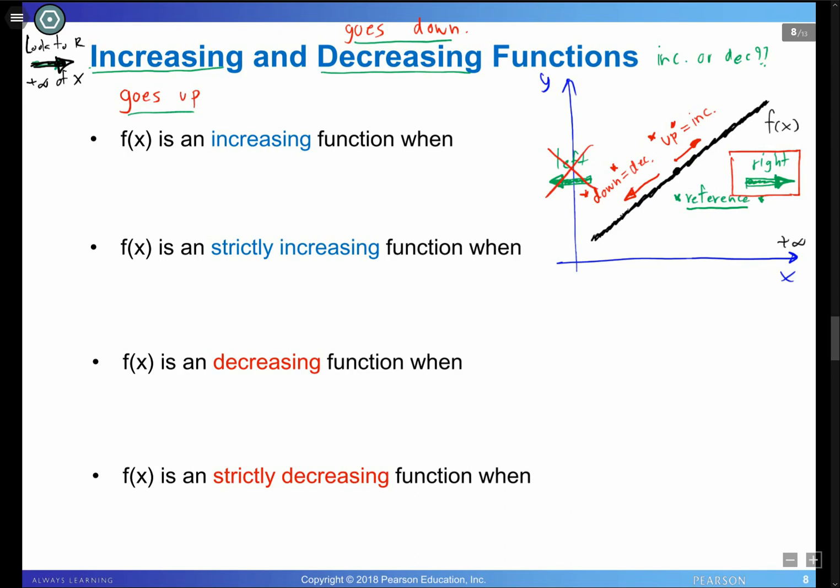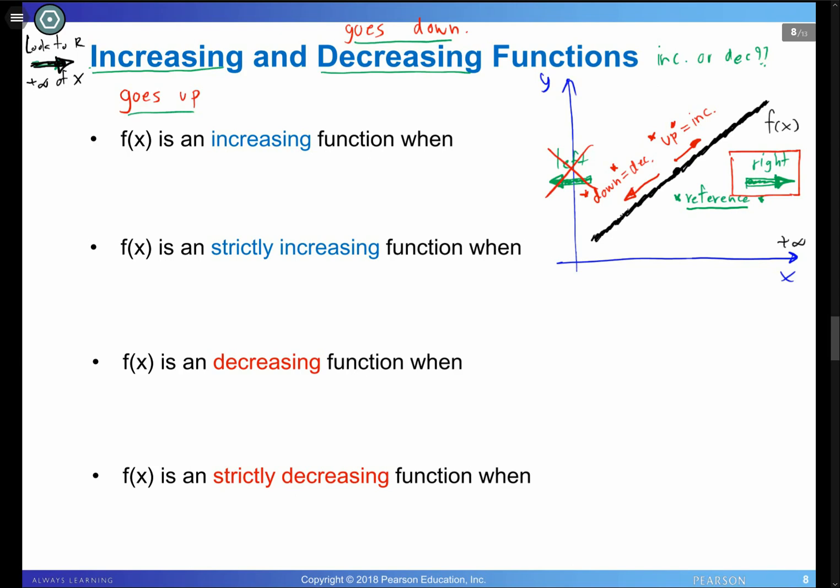Okay. Now, if I ask the same question, but I put a condition here. Looking at this graph, you have to look at this graph to the right. Is this function going up or going down? And if I have this condition to force you to look to the right, you are going to say that this graph is going up, 10 out of 10.